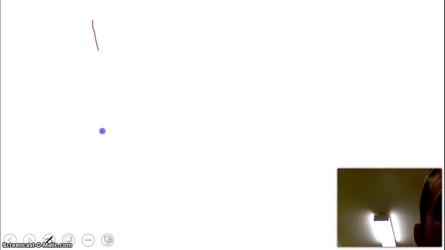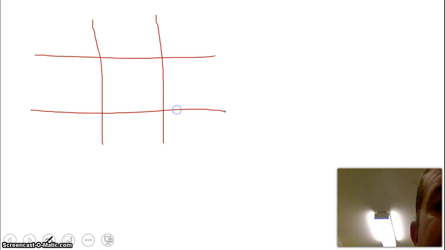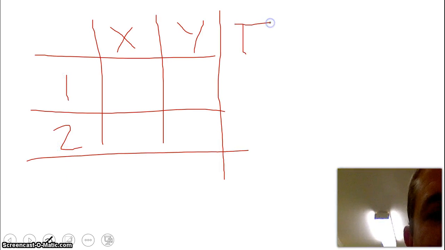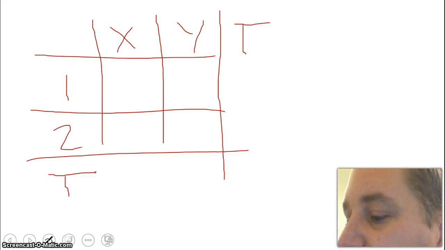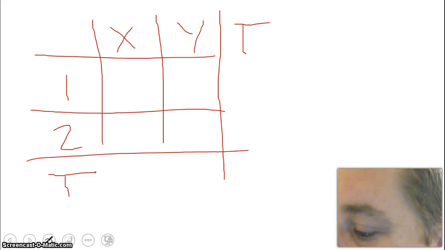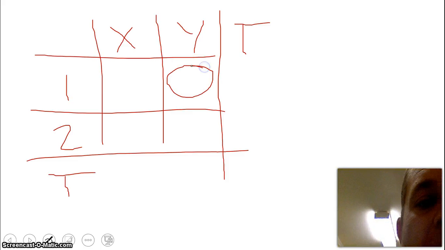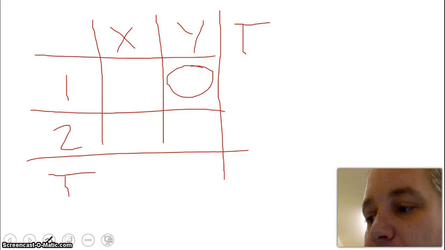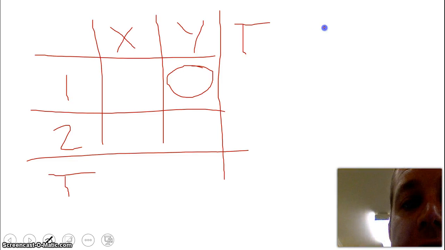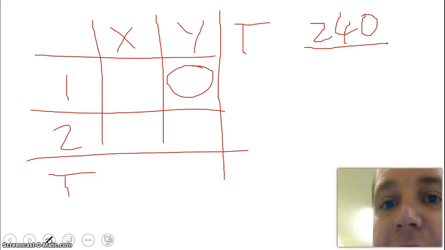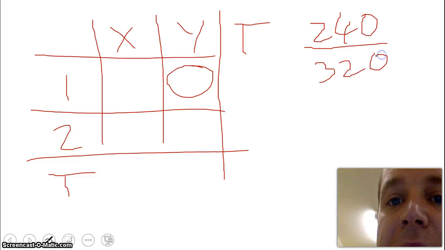So, we've got our two-way table again: X, Y, week 1, week 2. Got to remember to put the totals on this time, total and total. So, what percentage of sales in week 1 were Y? The total amount in Y was 240 in week 1 out of the total number of sales, which was 320.